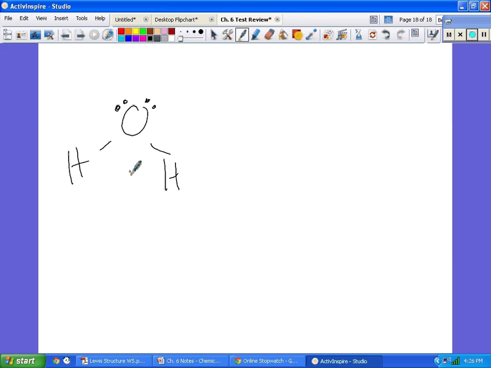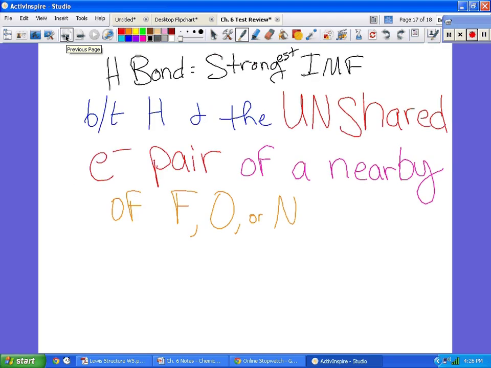So what if I have another water molecule that's floating by? First and foremost, let's go back and read the definition. Hydrogen bonding is a bond between the H and the unshared electron pair of a nearby atom. So if I look at this, of the nearby what?